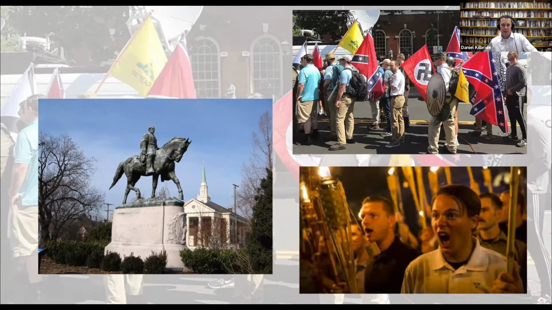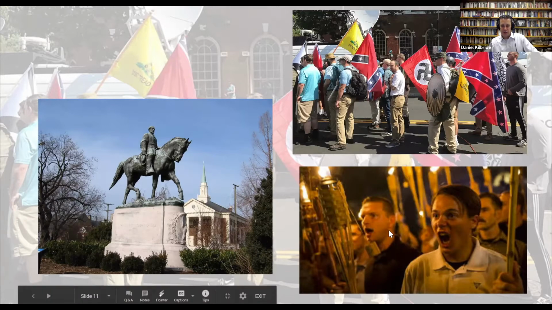And some very fine people, I'm told, oppose this. Here you see some of these very fine people carrying Confederate flags, Tea Party flags, and also Nazi flags. So that's something. And you see some of the anger and the hatred that many of these people were carrying with them.